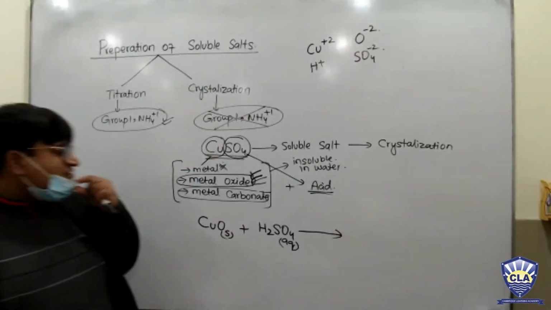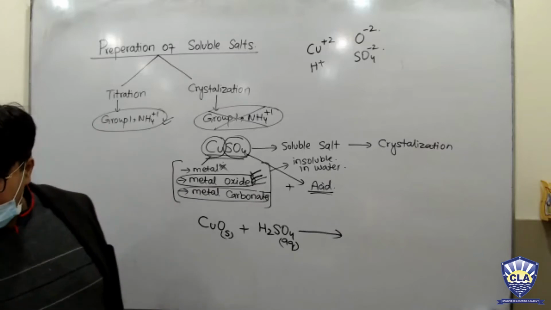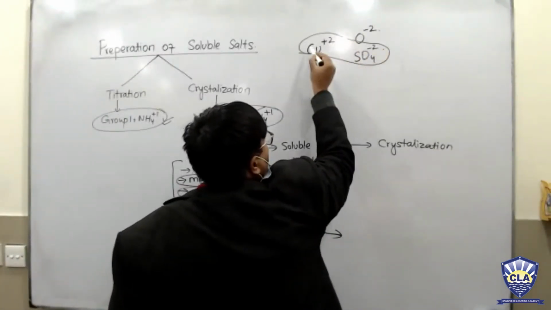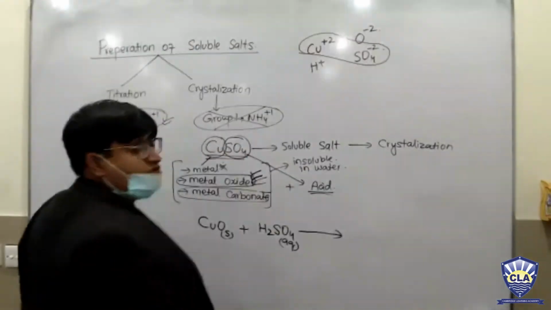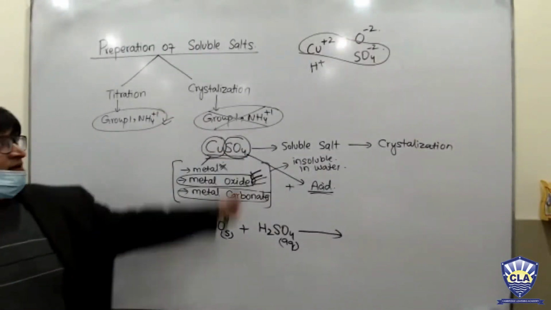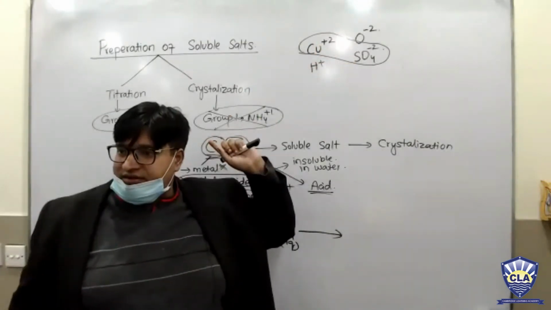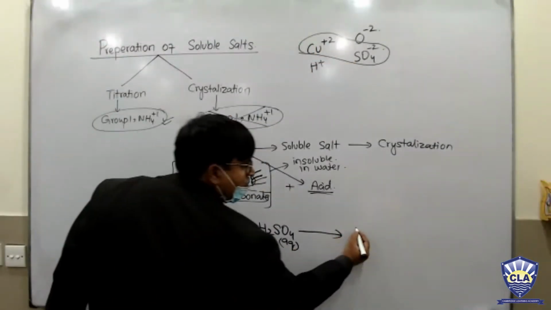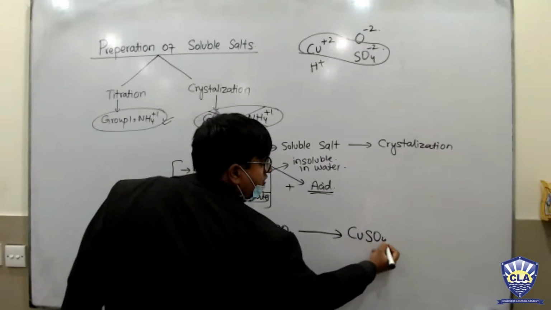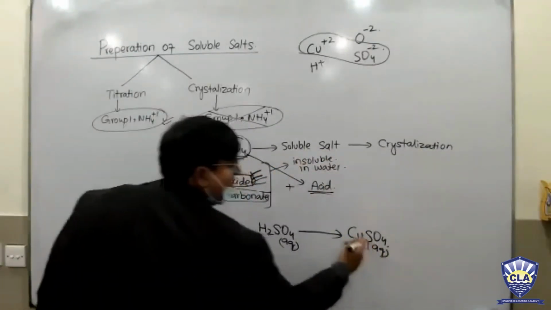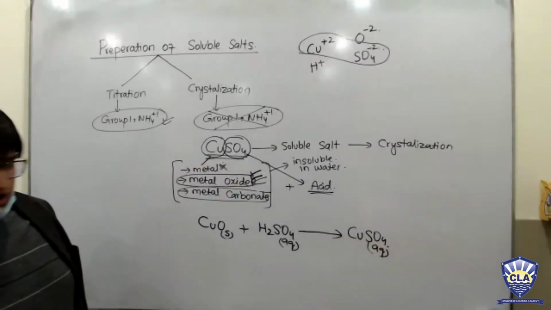Whenever, my dear students, you want to make the equation, join the positive of one thing to the negative of the other thing. So what formula will you get? Plus minus cancelled, 2 also cancelled. So it would become CuSO4. This is the soluble salt. You should write aqueous at the base of it.